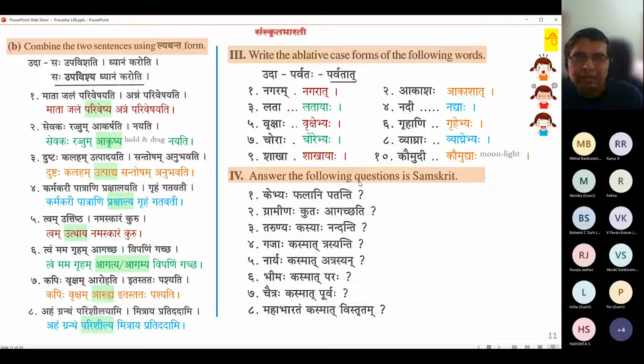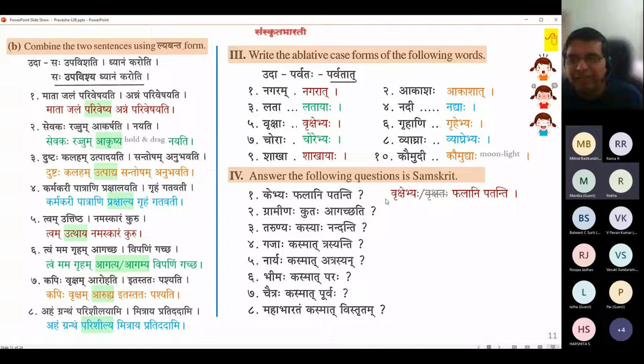Answer the following questions in Sanskrit. So easy one. So you can still crowdsource. Kebhyah palani pathanti. Vrikshebhyah. Okay. So now here one caution note. Till now tasil pratyaya we had seen, no? Tasil pratyaya doesn't have a sense of vachana.